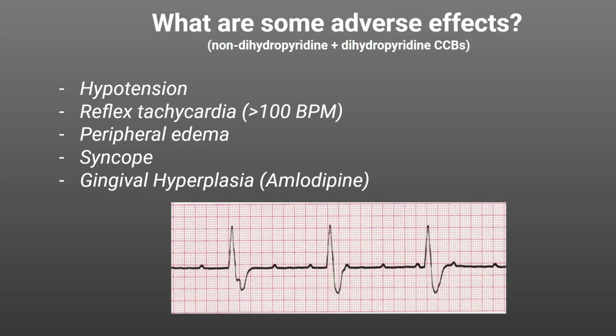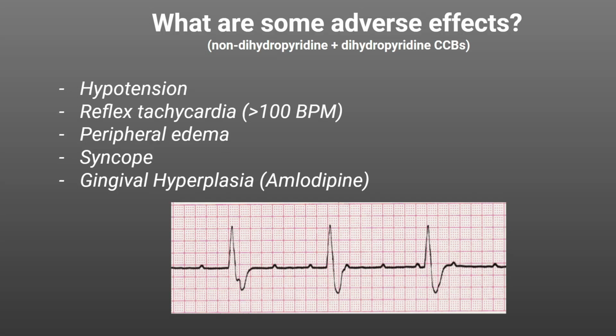When there is vasodilation in the peripheries, this decreases blood pressure, right? Now, when this happens, it actually activates the carotid and aortic sinus. So when this happens, this increases the activity of the sympathetic nervous system, which then increases the heart rate, therefore reflex tachycardia. Now, this can also lead to peripheral edema, like pedal edema or calf edema.